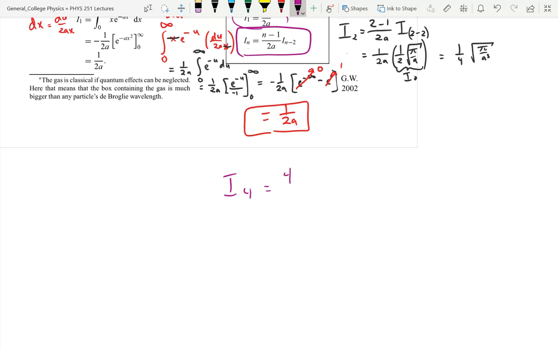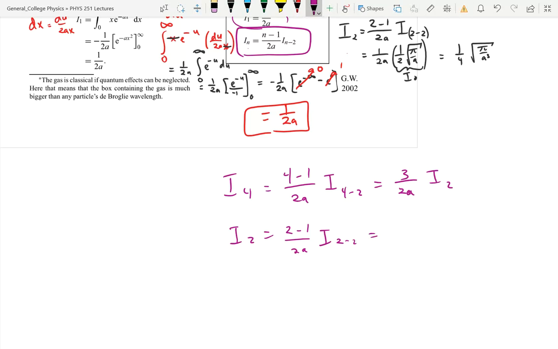I4 is equal to 4 minus 1 over 2a times I4 minus 2, which simplifying is, of course, 3 over 2a I2. But I2 is equal to what we had right there, 2 minus 1 over 2a I 2 minus 2, which is equal to 1 over 2a I0.